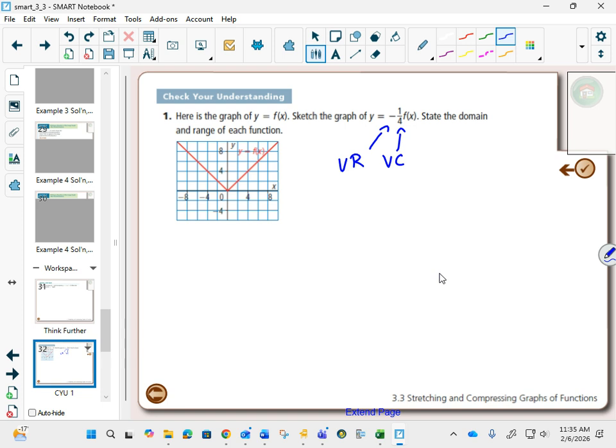What has to happen? Algebraically, my y coordinates are going to get multiplied by -1/4. And you're going to have to be a little strategic, because there are going to be nice points and not nice points.